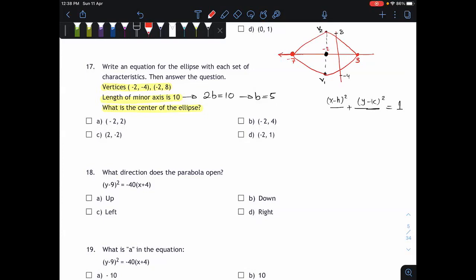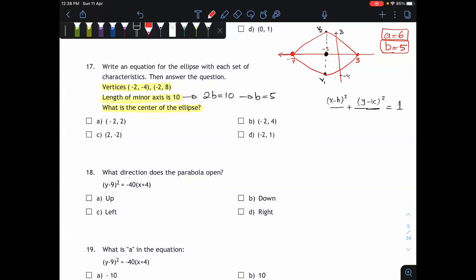So here a is equal to 6 and b is equal to 5. Why 6? Because the length of the major axis is 12, so half of it is 6. And here it's 12, and this is 5.